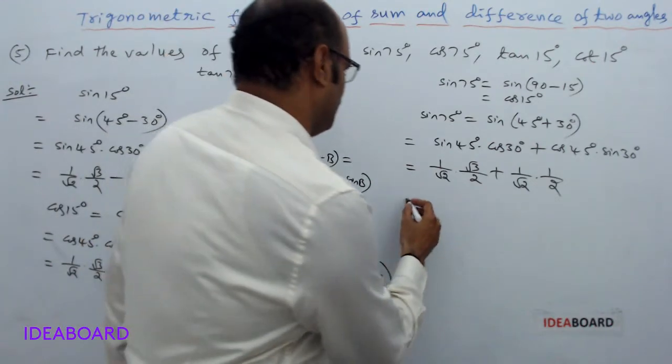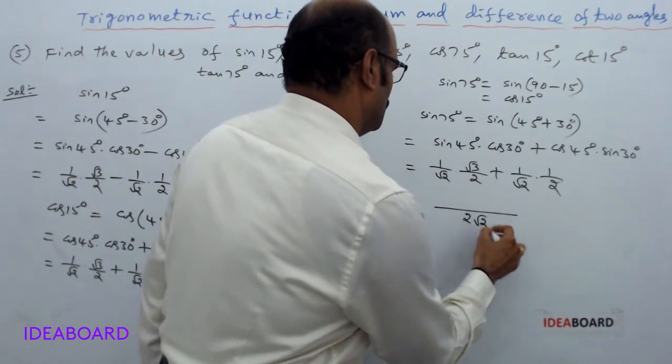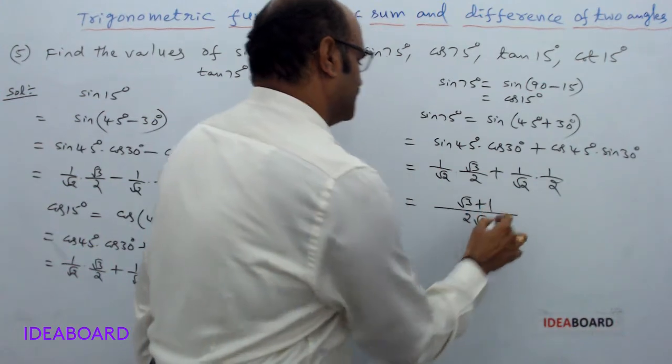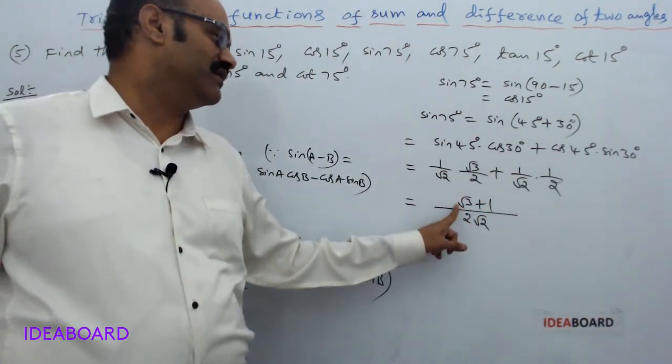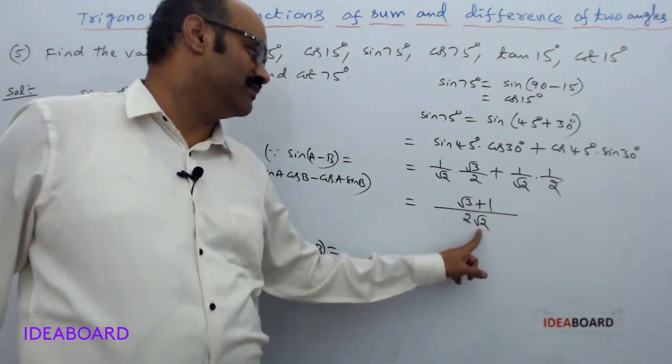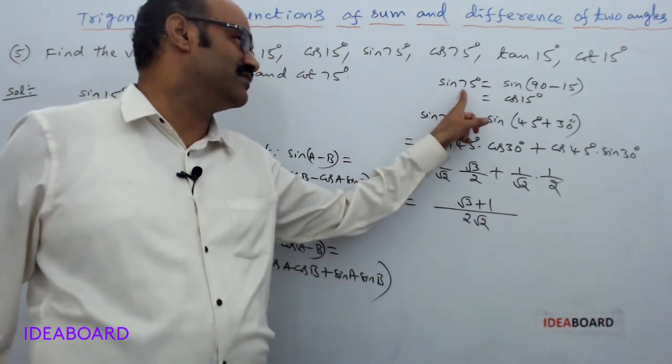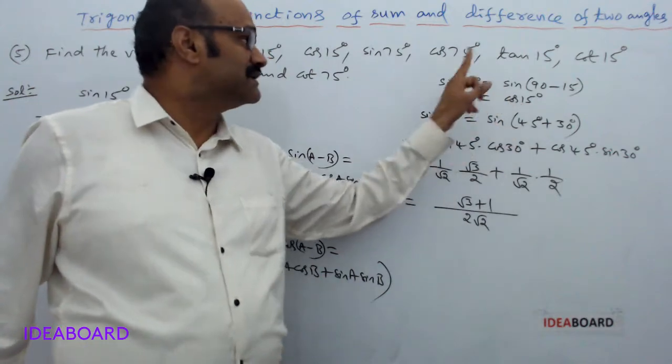So the LCM is 2 root 2, equal to root 3 plus 1 by 2 root 2. Therefore, the value of sin 75 is root 3 plus 1 by 2 root 2. Sin 75 is nothing but cos 15 only.